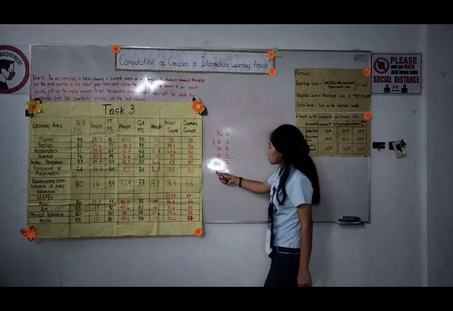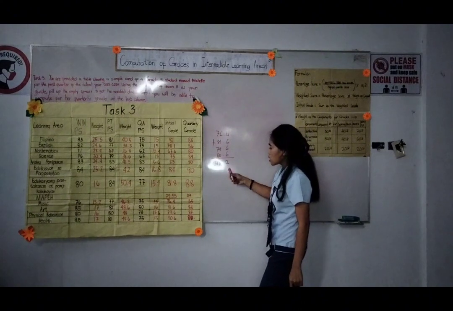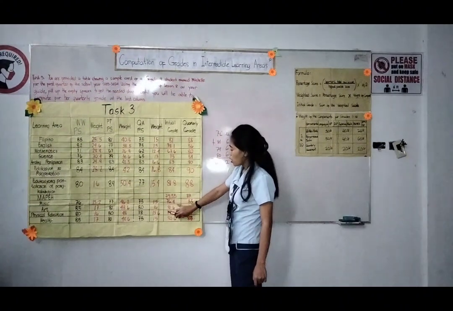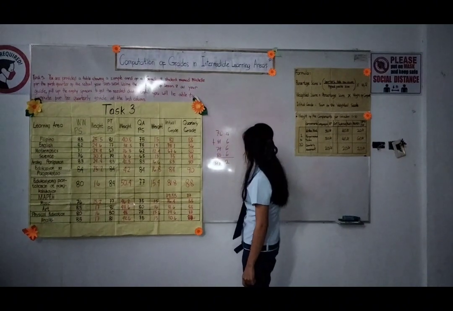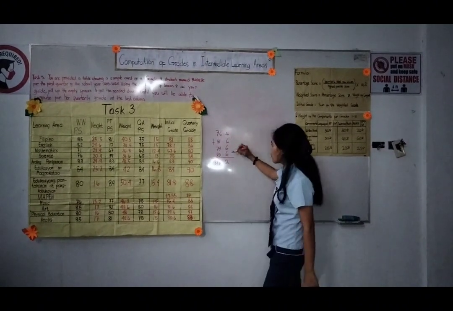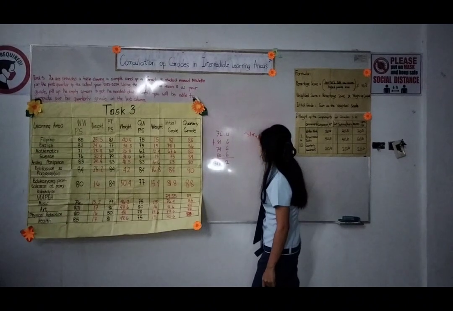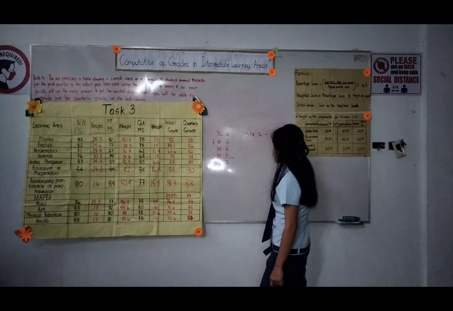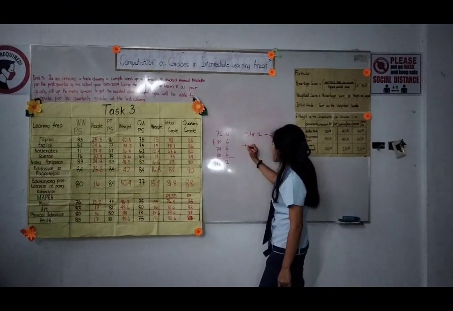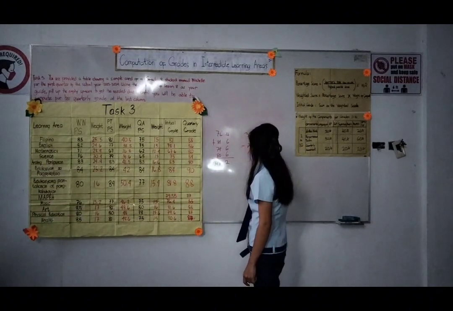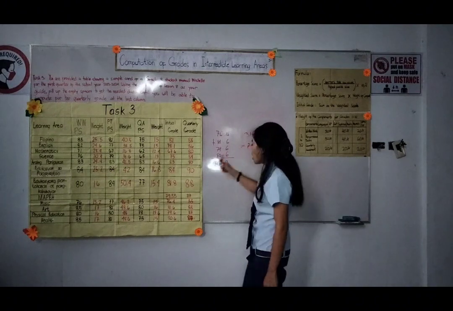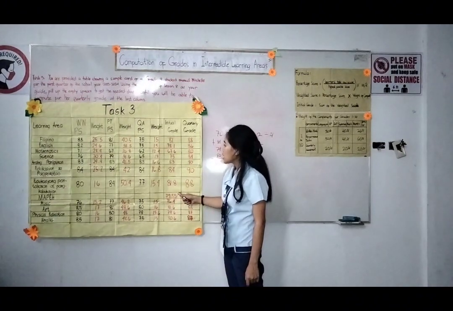So, 318.2 is divided by the number of learning areas. So, it is 4. So, 318.2 divided by 4 is equal to 79.75. So, we have the initial grade in MAPEH.